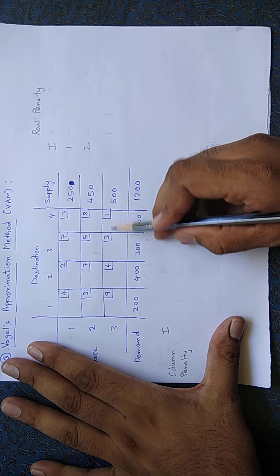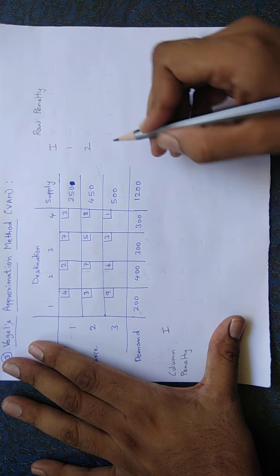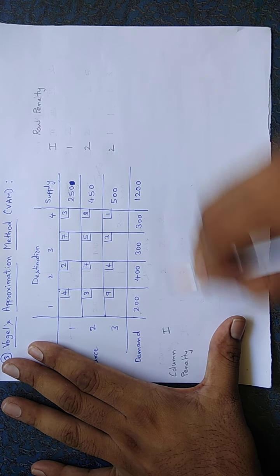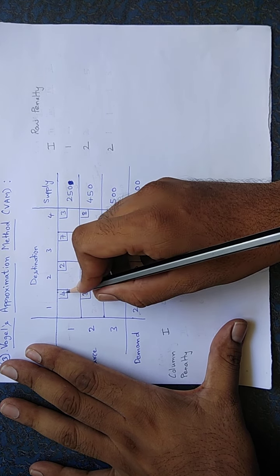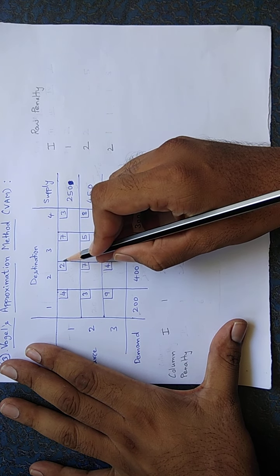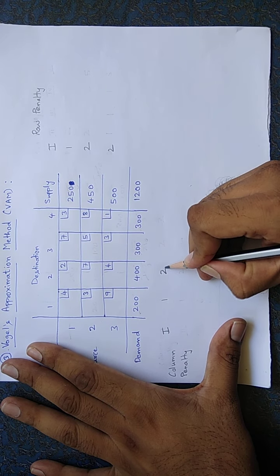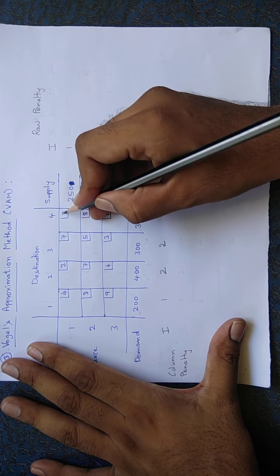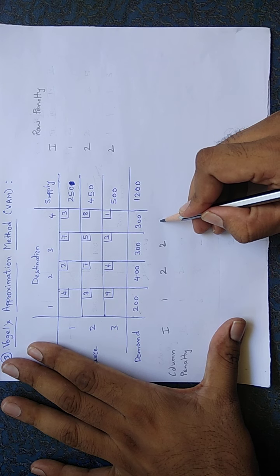Then the difference between these two costs, 3 and 1, is again 2. Here it is 1. 4 and 3, difference is 1. Here it is 2 and 4, the difference is 2. Here it is 5 and 3, the difference is 2. Here it is 3 and 1, the difference is 2.